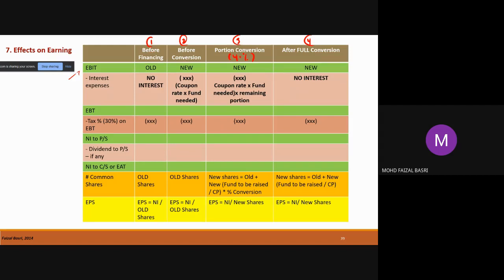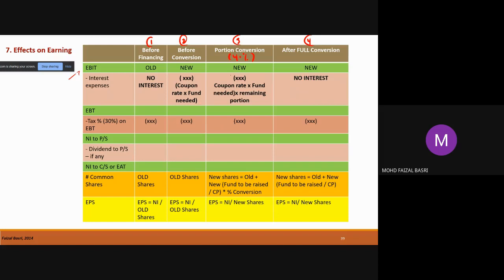But once they issue bond, they have to pay interest, the coupon. So the interest expenses akan ada coupon kat sini. So how to find is coupon rate darab dengan funds required. Okay, so meaning in total dia kena bayar full amounts before the conversion.